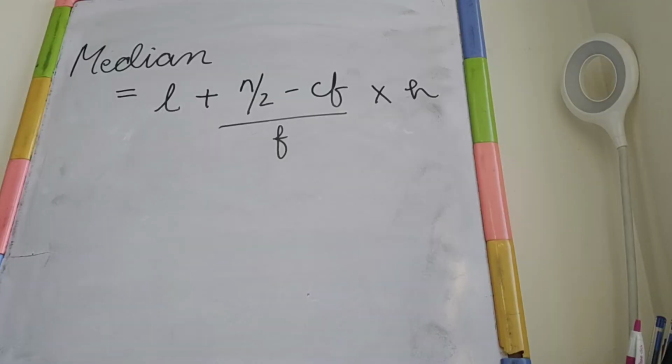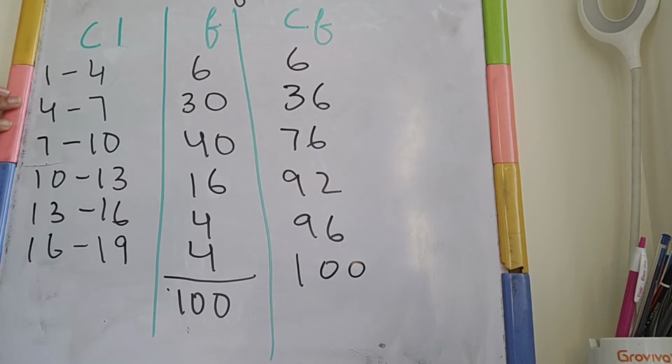Now let's move to median. Guys, this is the formula of the median. L plus n by 2 minus CF upon f into h. I will explain what this means when we do the question. Okay guys, so let's start. In this question, the class intervals are 1 to 4, 4 to 7, 7 to 10, 10 to 13, 13 to 16 and 16 to 19.